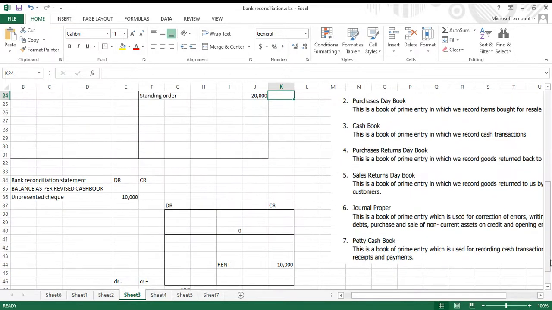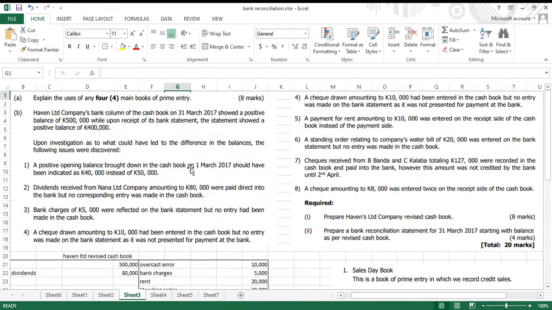So basically, what a lodgement or an unaccredited check is, these are checks received by the business, that are payments we've received. We record it in our cash book, but our bank does not recognize it yet.